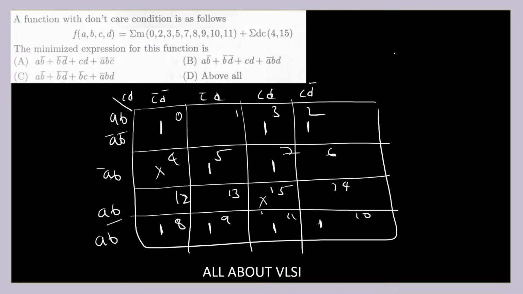So I can basically make a quad over here. This is one quad which I can form, and what else remains? I can form one more quad using these cells. This is one more quad, and I can form a quad over here.